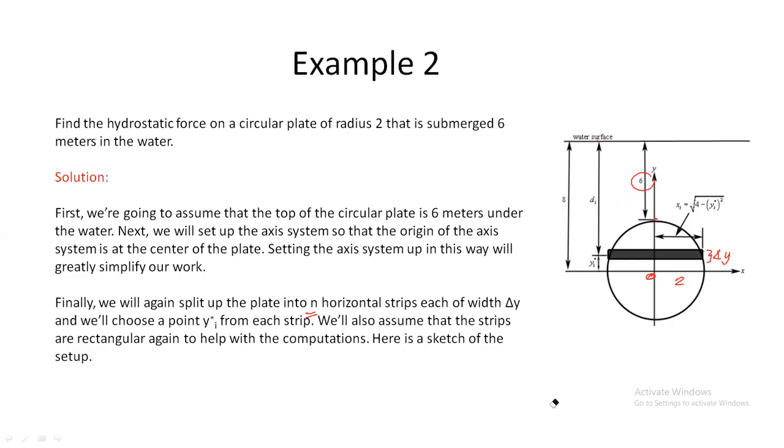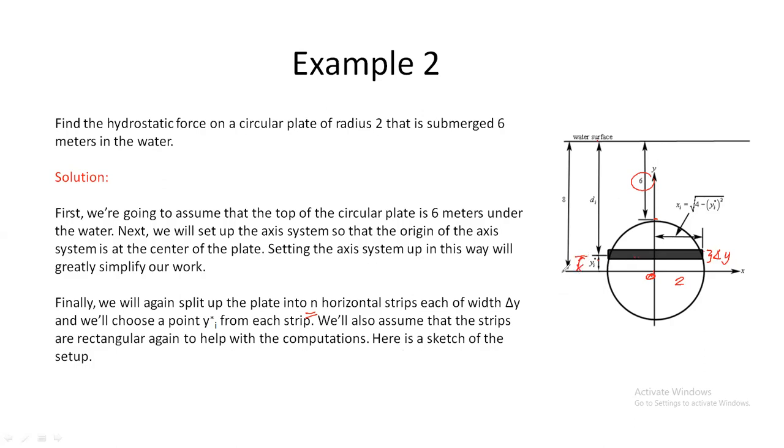Your y sub I asterisk is from this point, just annotate. From this point here, the center of our axis is on the center of the circular plate. The distance of this strip is y sub I. So this one, it's so small, probably you won't be able to see it.